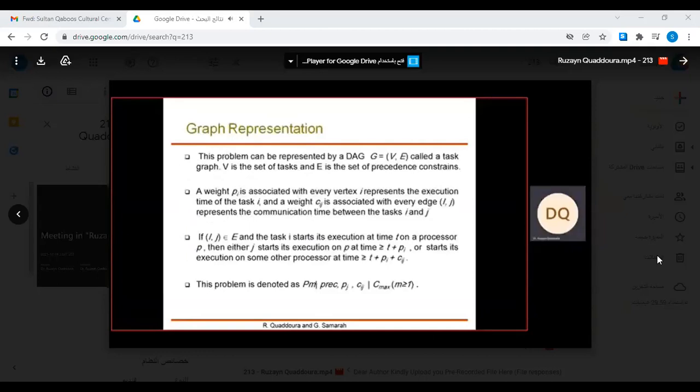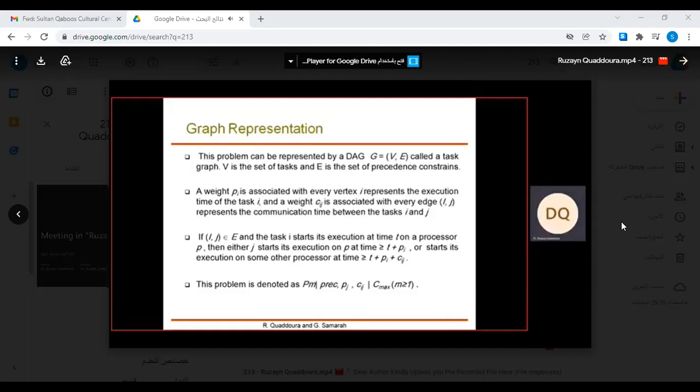This problem can be represented by a task graph G equal to (V, E), where V is the set of tasks and E is the set of precedence constraints. A weight Pi is associated with every task i and represents the execution time of task i. A weight Cij is associated with every edge ij and represents the communication time between task i and task j.